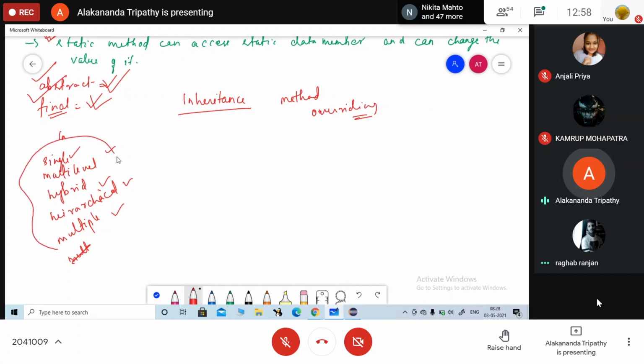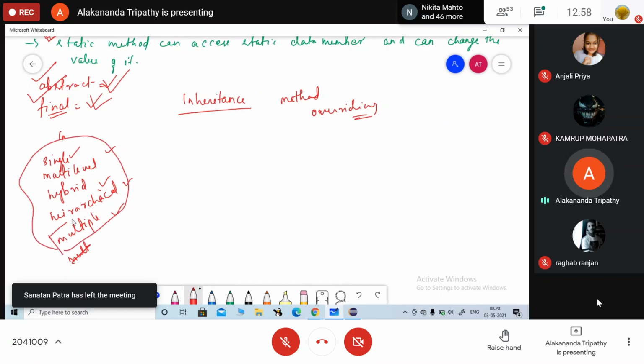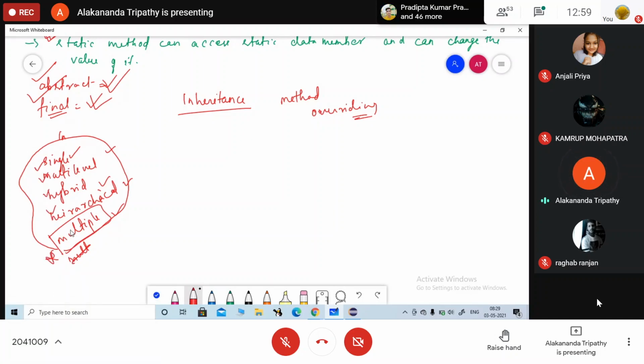There are 5 inheritance, but we will discuss here how many inheritance? Single, multi-level, hybrid, and hierarchical. Does multiple inheritance is a वो जो concept है यहाँ पर ambiguity नहीं आता है? Do you not find any ambiguity in multiple inheritance?